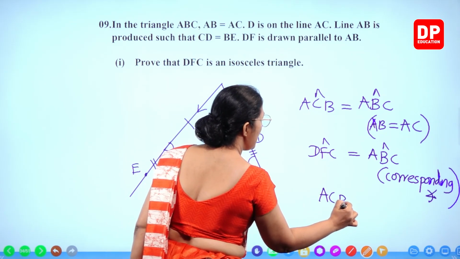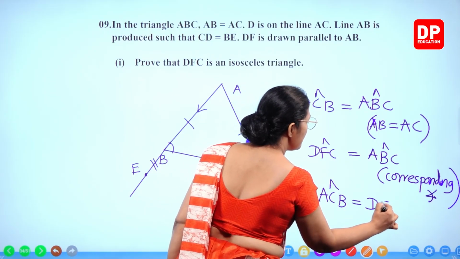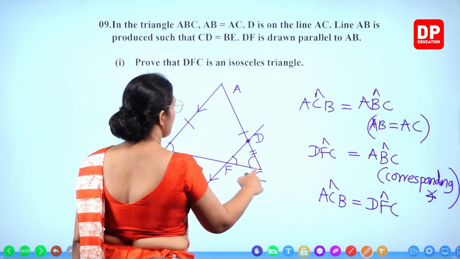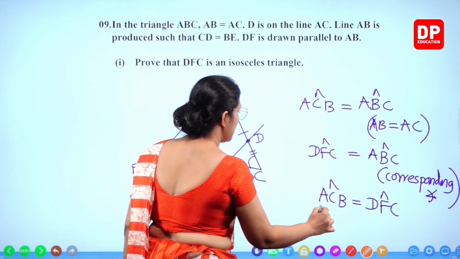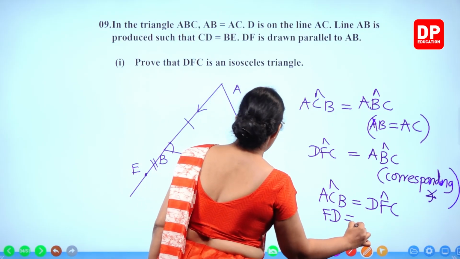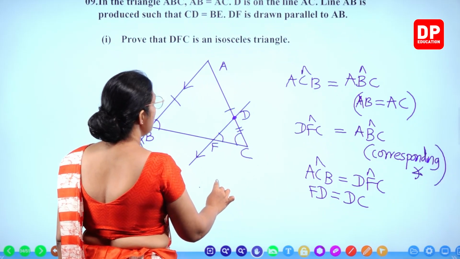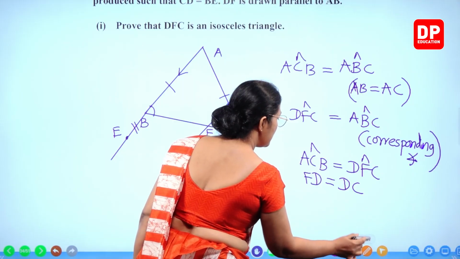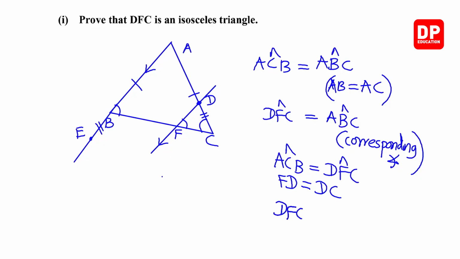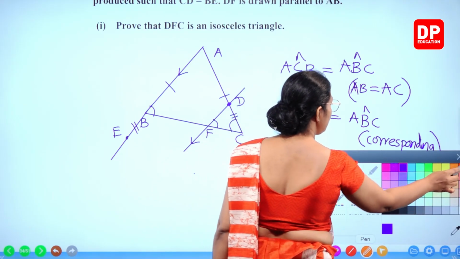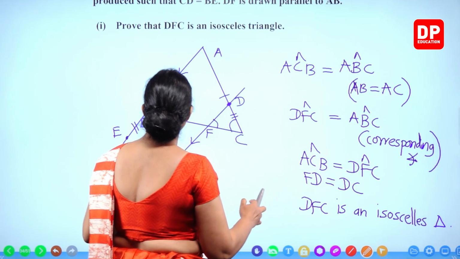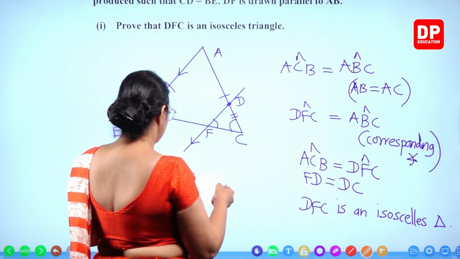Then angle ACB is the same as DFC. These two are equal. That means FD length should be equal to DC. So DFC is an isosceles triangle. That's the first part. How many marks are you getting for that part? 3 marks.